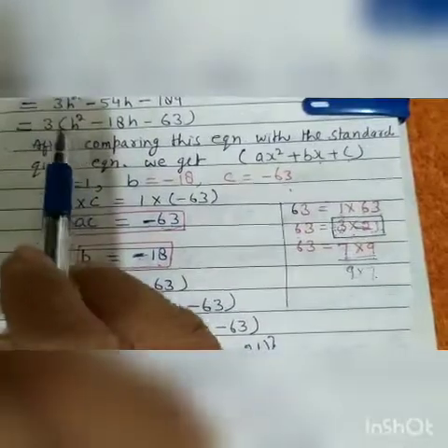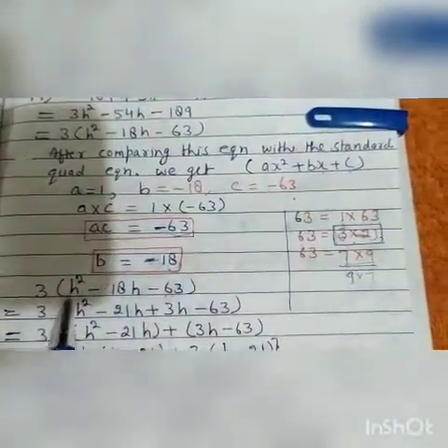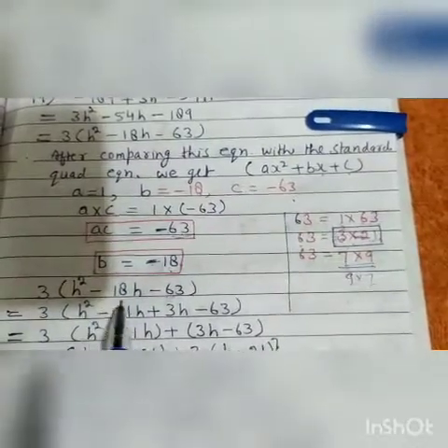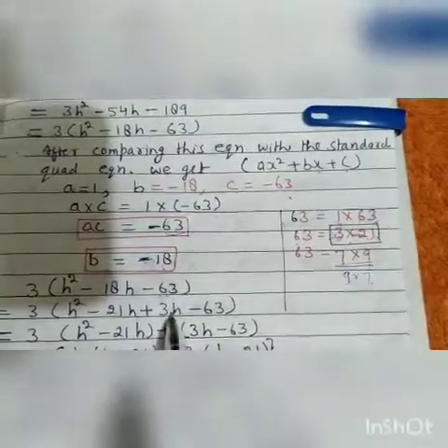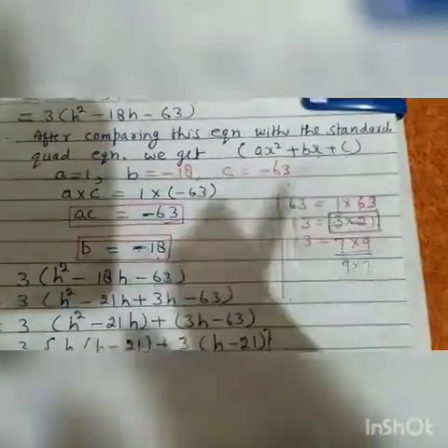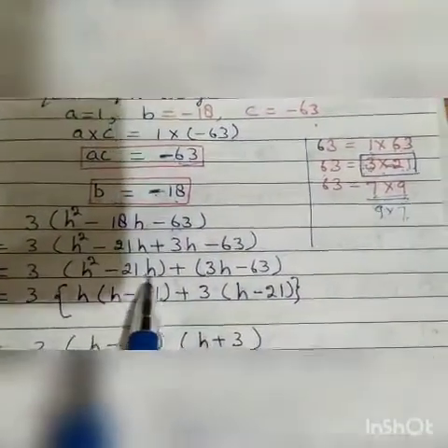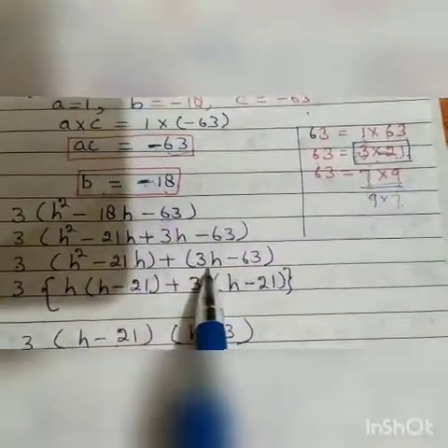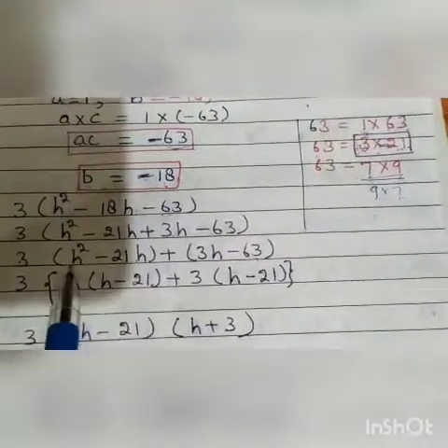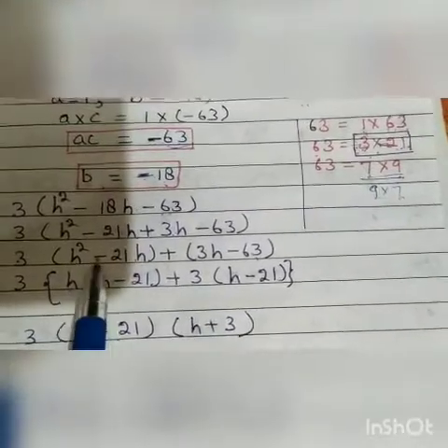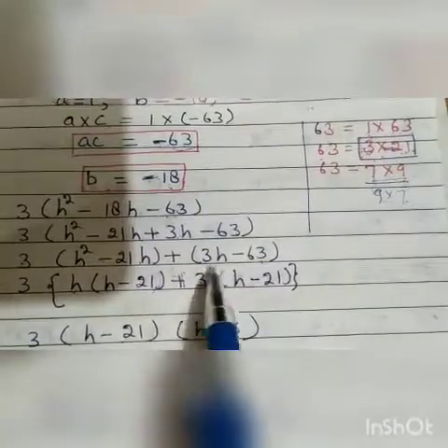So this 3h square minus 18h minus 63. Now this minus 18h can be written as minus 21h and plus 3h, then minus 63. Now 3h square minus 21h plus 3h minus 63, take h common from here, h left here, minus 21 plus 3, take common from here.